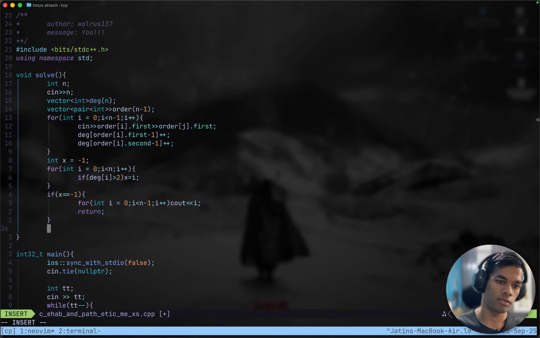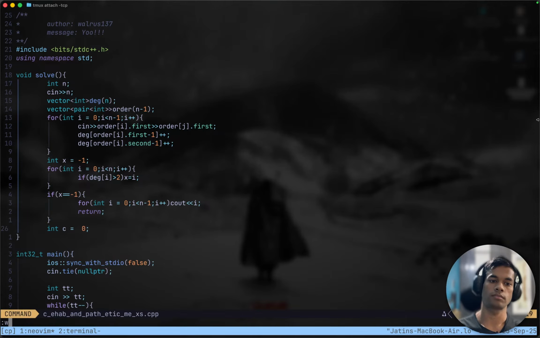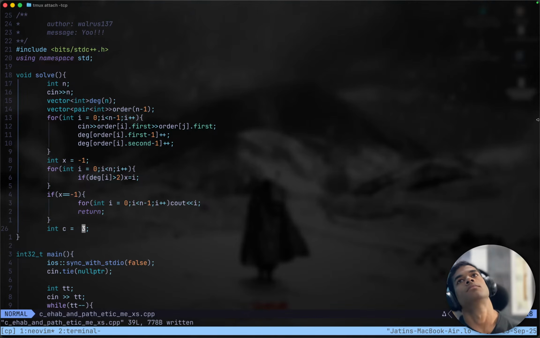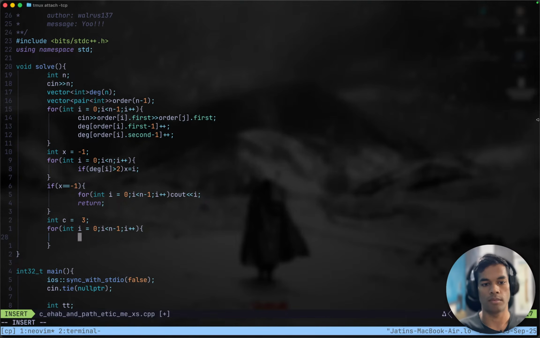But else, if that is not the case, then it means we have something. Then we will have a counter, int c equals 0, a counter which will begin from 3, and for int i equals 0, i less than n minus 1, i plus plus.